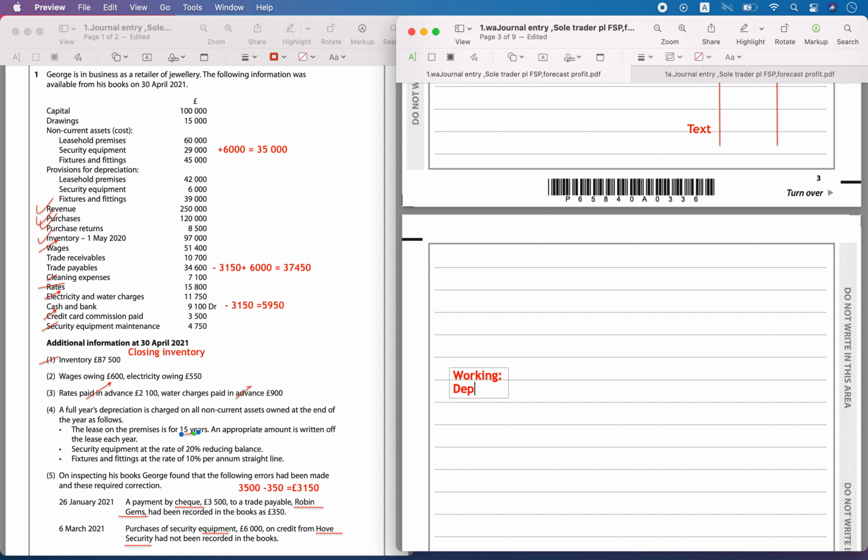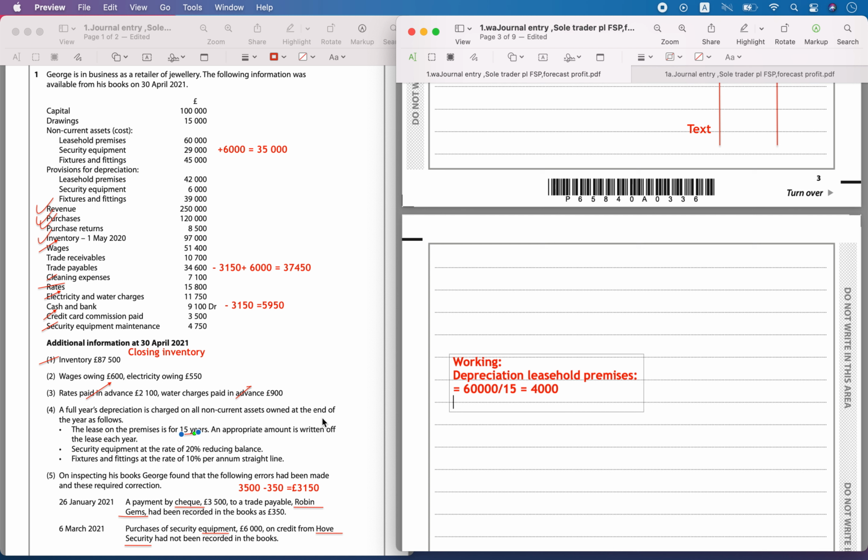So first one is depreciation of leasehold premises. That is equal to 60,000 divided by 15 years, that is equal to 4,000, that is 4,000 pounds per year.